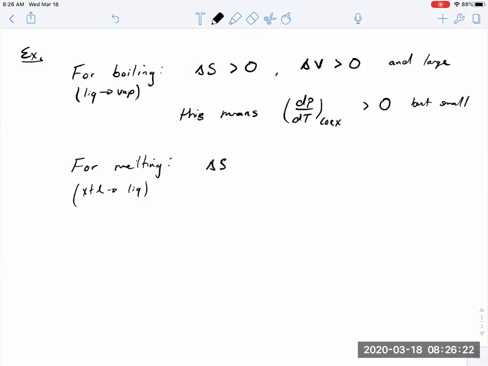So delta S for this transition, the liquid less than the crystal, was that positive or negative? How many more microstates do you think a liquid has relative to a solid? Almost always this is positive. And nearly always it's large.